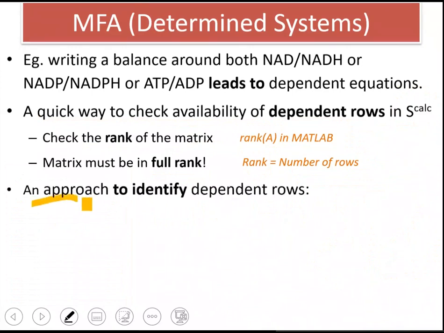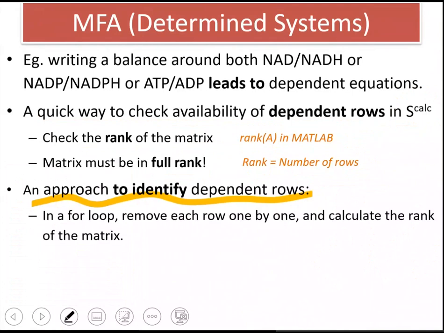There is an approach to identify dependent rows in your matrix. What you can do is write a for loop, and in this for loop you can remove each row in your matrix one by one, and each time you remove a row you can calculate the rank of the matrix. If the rank of the matrix doesn't change when you remove a row, this means that row is a dependent row. Let me repeat.